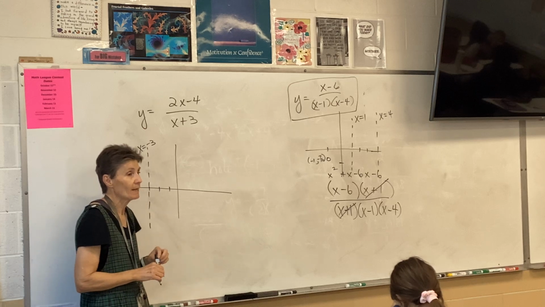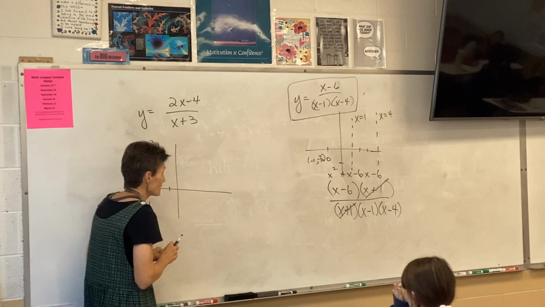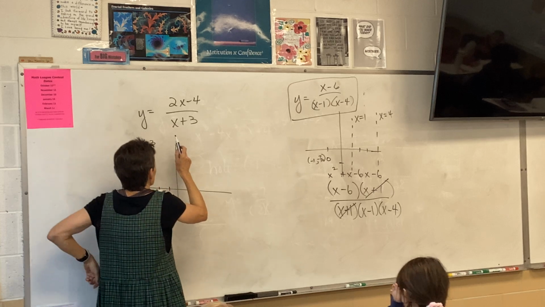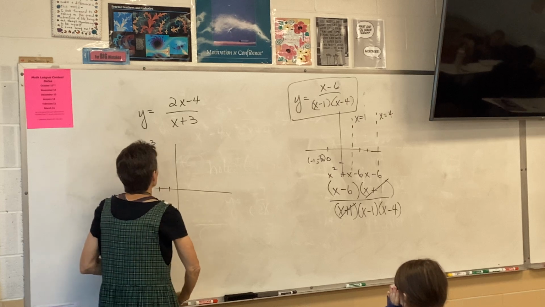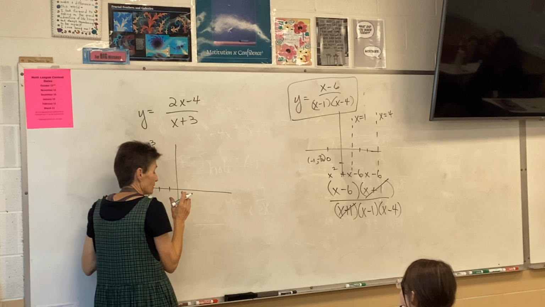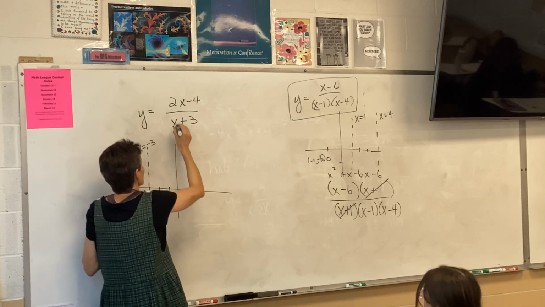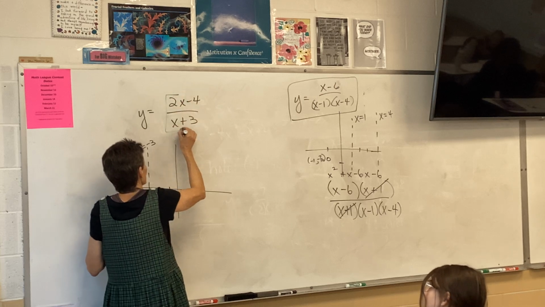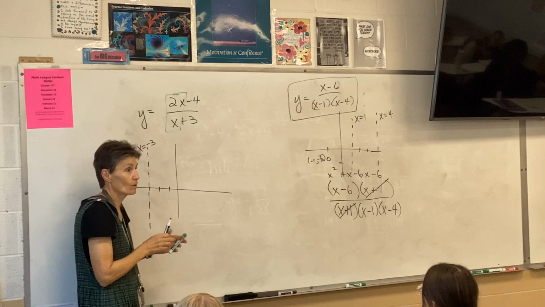Now the horizontal asymptote is tricky. Here's how you find it. When I look at this problem, I only look at the x's. So I ignore everything else, I only look at the x's. If I only look at the x's, I have 2x over x.